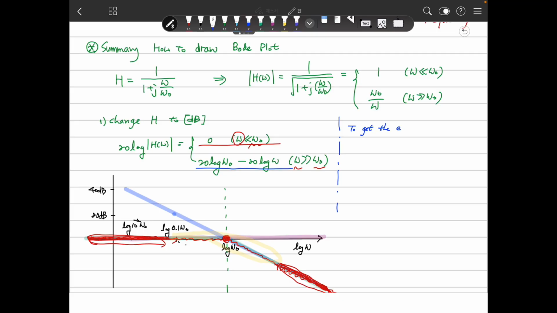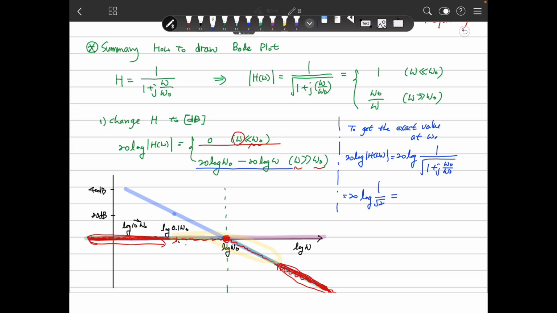To get the exact value at omega 0, we insert it: 20 log of the magnitude of H at omega 0 is 20 log of 1 plus j.